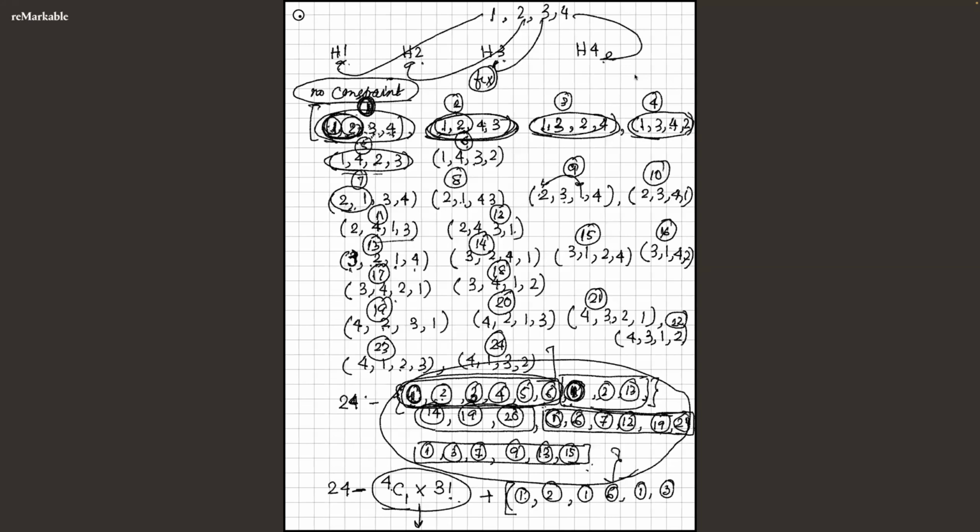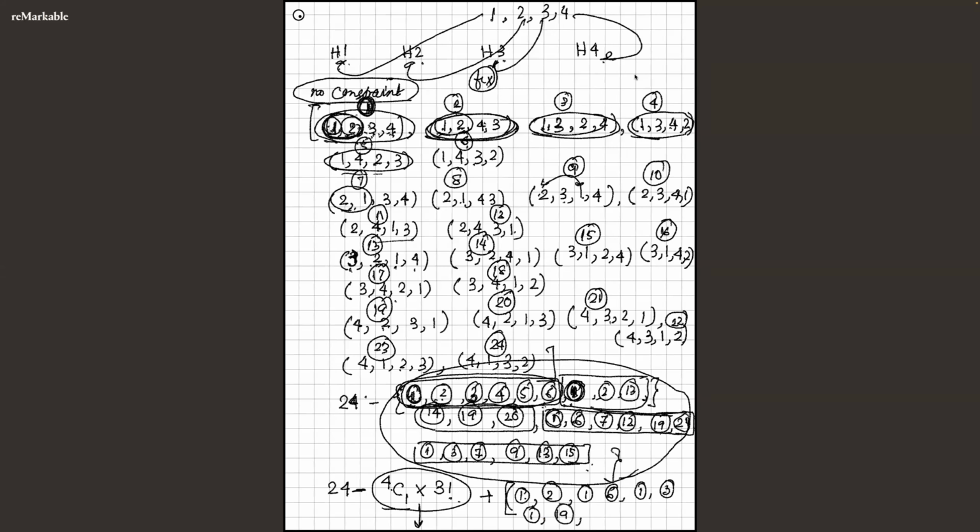Now B and C. B and C means we need 2 and 3, right? 19. Yeah, that should be it.